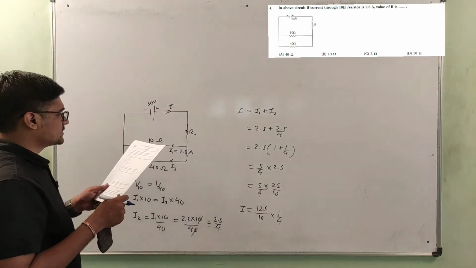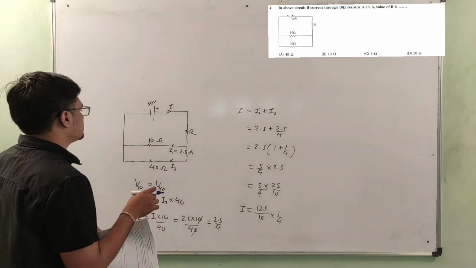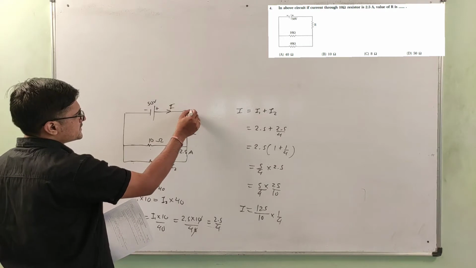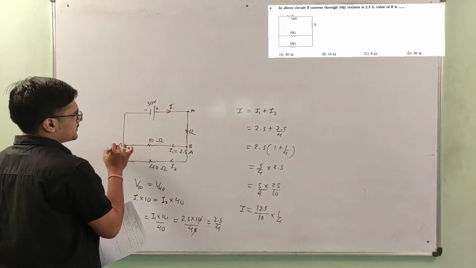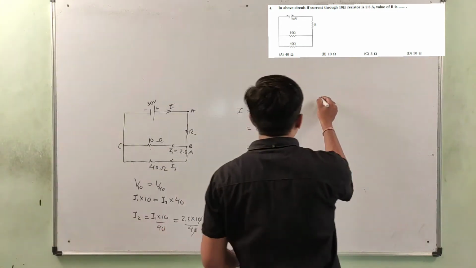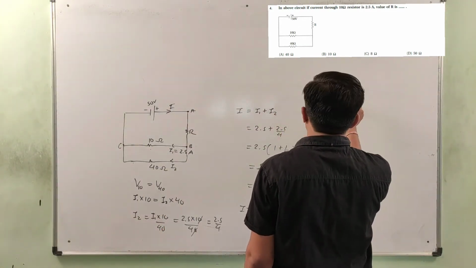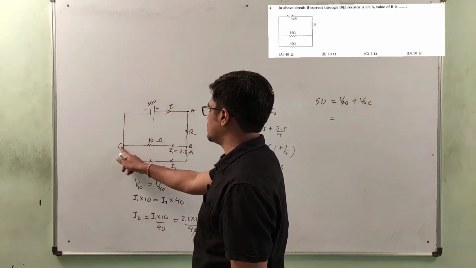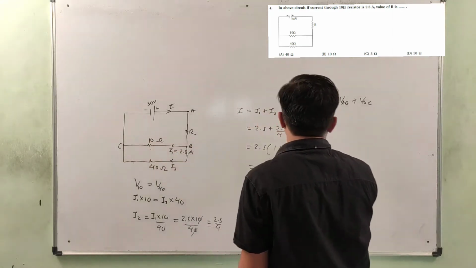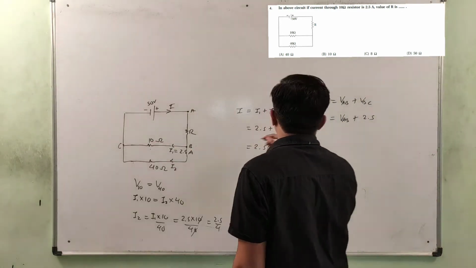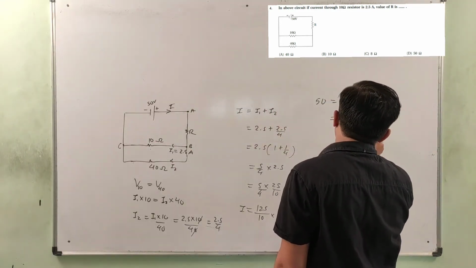Then what is the value of R? Now this 50 volt gets divided between points AB and BC, because this 50 volt is applied between C and A. The potential difference across BC is equal to the potential difference across this 10 ohm, which is I into R, 2.5 ampere and 10 ohm, so that is 25 volt.